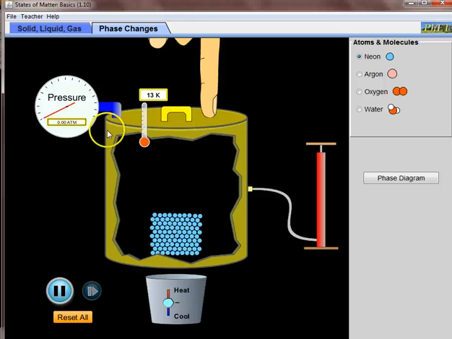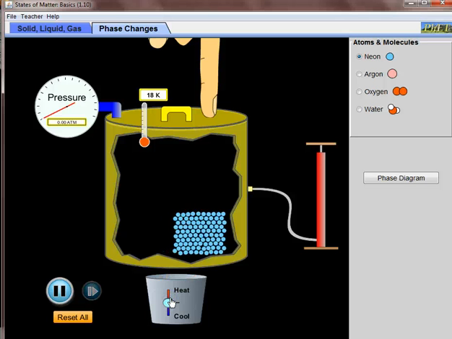Can you note that down? Solid has a temperature of 13 K and 0 atm pressure. Now we're going to increase the temperature and see what happens. Can you see that the particles are moving much faster now as you increase the temperature?